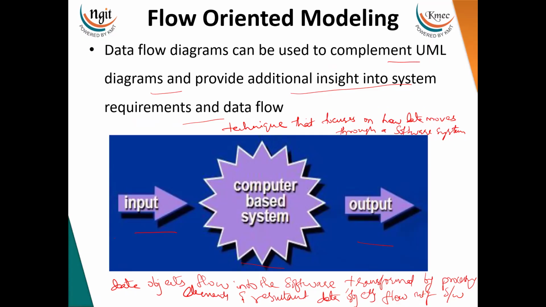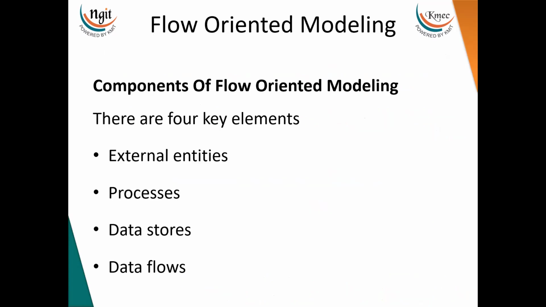Before we dive into the coding part, you can see here the components of flow oriented modeling: external entities, then processes, then data stores and data flows. External entities are the sources or destination of the data, for example the user or any other system.